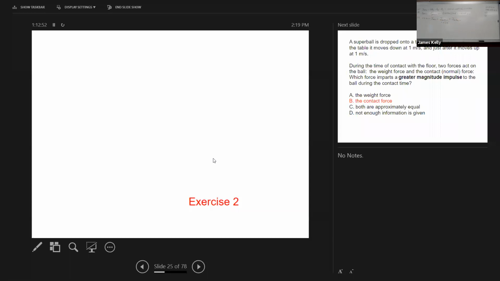And so therefore, I have to add that on to this side, and I would get that J, the impulse delivered by the floor, y component in my coordinate system, is this plus this, so 1.549 Newton seconds. That's what my answer should have been. Questions on that?